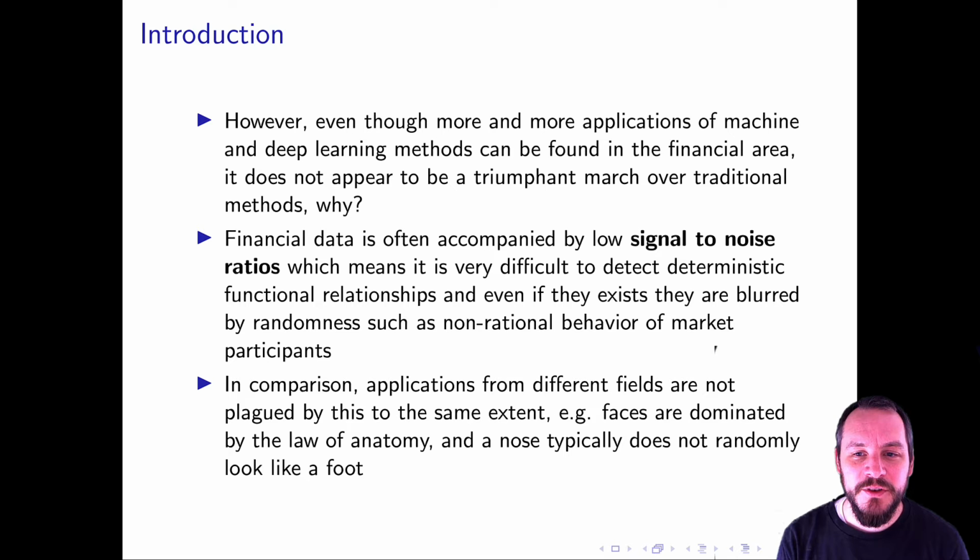Here you speak of a very low signal to noise ratio. What's meant by this is that it's really difficult to identify deterministic relationships, like you have maybe in physics, because even though they exist, they are blurred by a large degree of randomness.